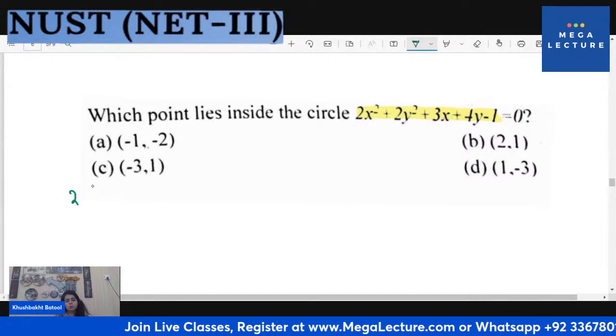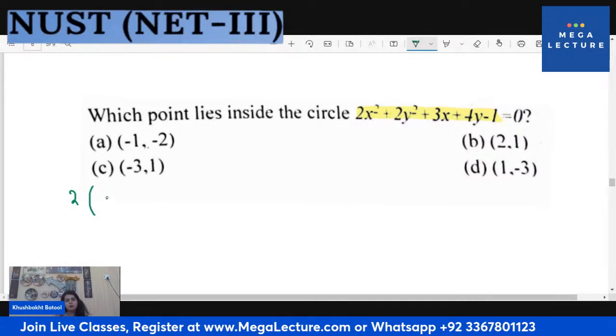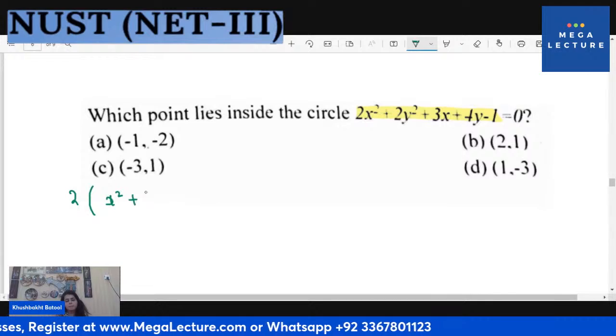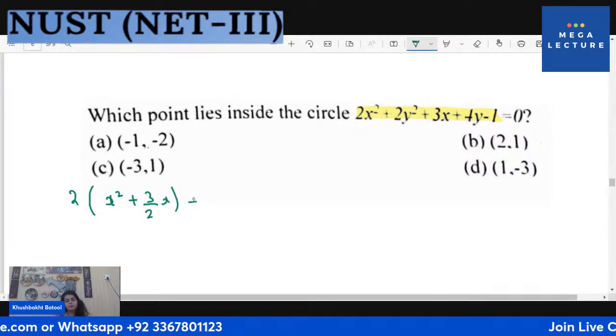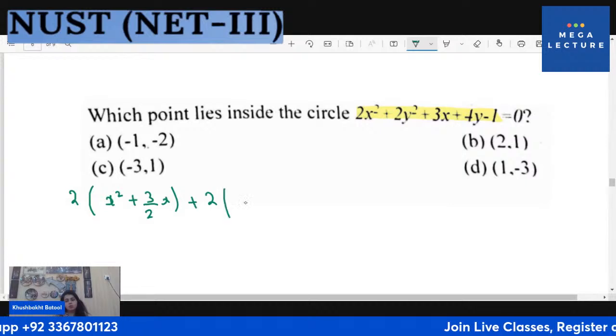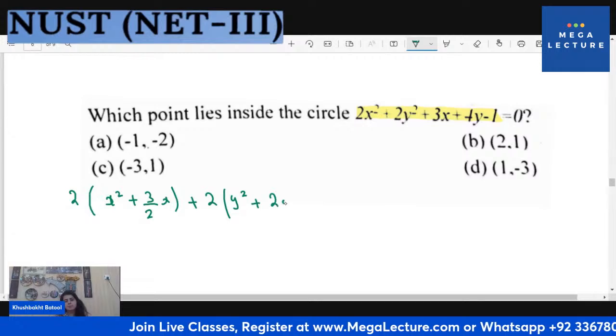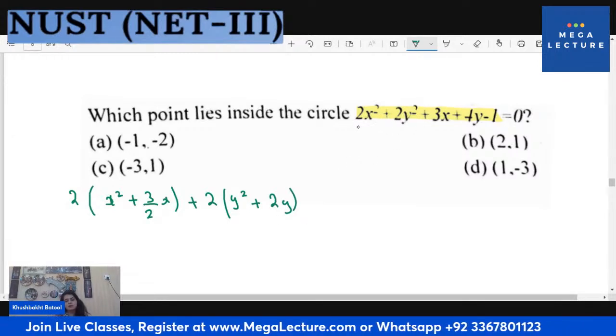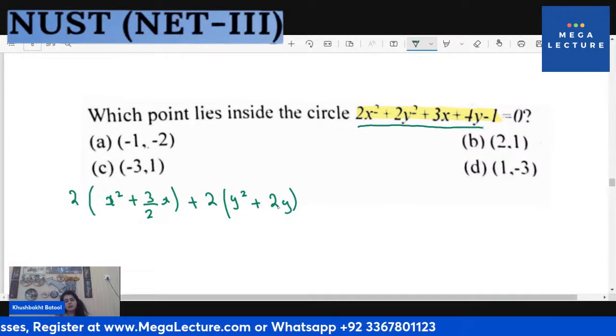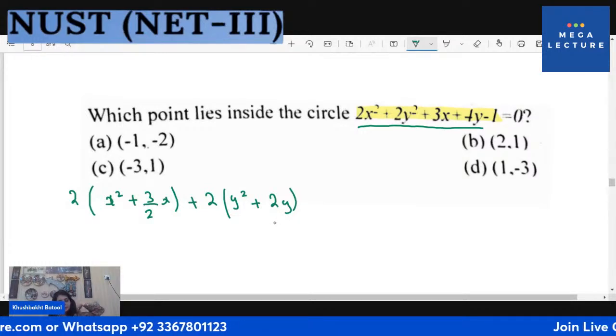I'll take 2 common, and it would give me x squared plus 3 by 2x plus, again 2 common, y squared plus 2y. Okay, this is my equation, and I've written it this way because I'm interested in finding the general form of equation. I'll tell you why.